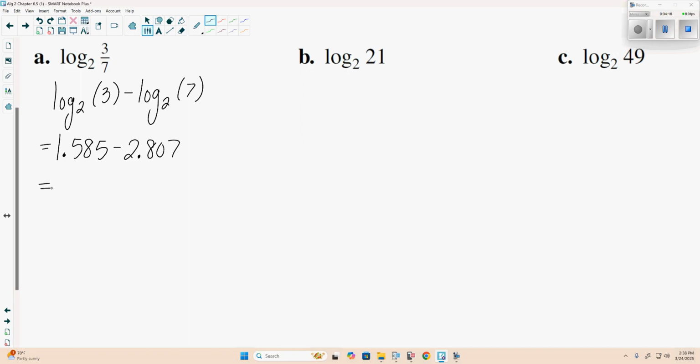Now all we have to do is subtract the two. 1.585 minus 2.807 is going to be negative 1.222. And this is kind of nice because now we don't need every possible log base 2. We can reduce the number.